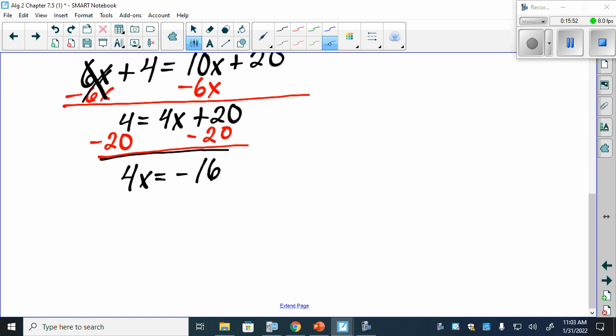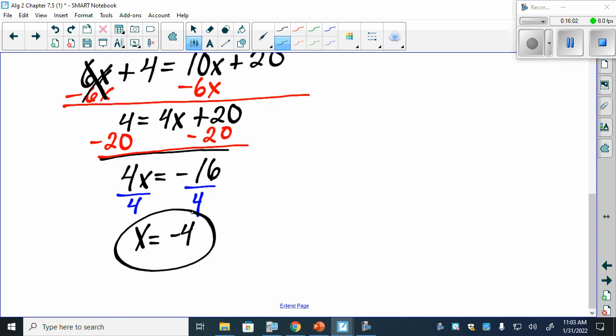And last but not least, we can divide both sides by 4, telling us x is equal to negative 4. Is negative 4 one of our two restrictions? No. So that is the solution to this here.